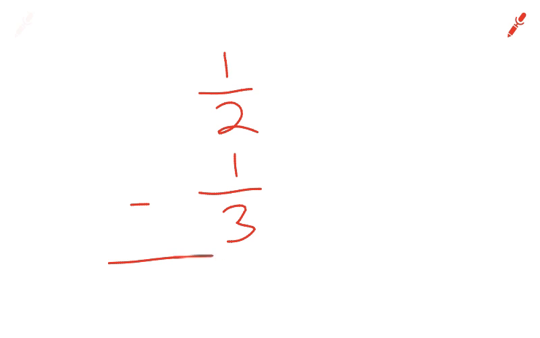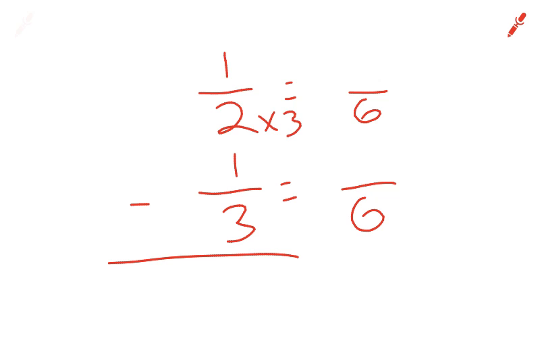For A, it's saying to subtract after finding common denominators and making equivalent fractions. So we're doing the same thing now, but it's just subtraction. 1/2 minus 1/3. What is our common denominator for 2 and 3? 2 and 3, they both go into 6. 2 times 3 is 6.